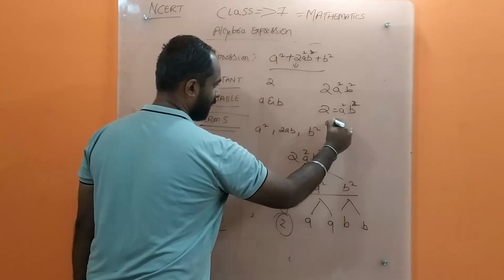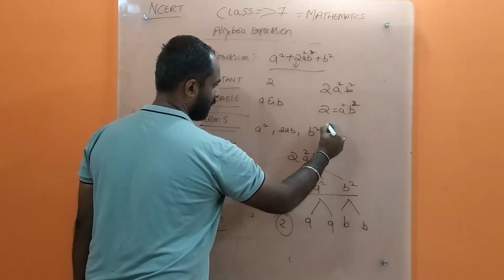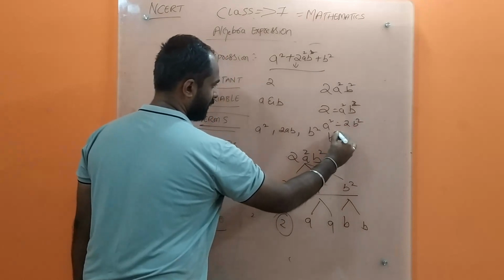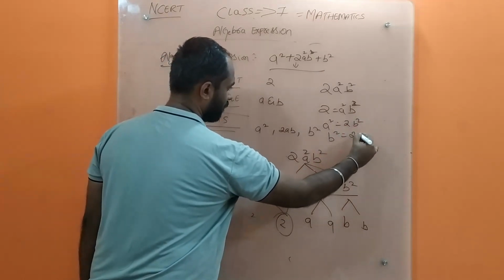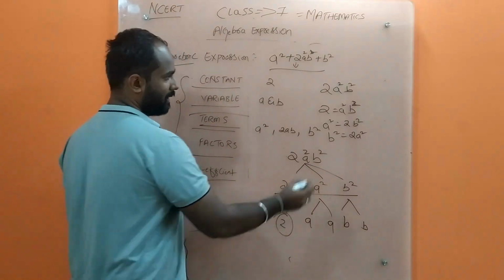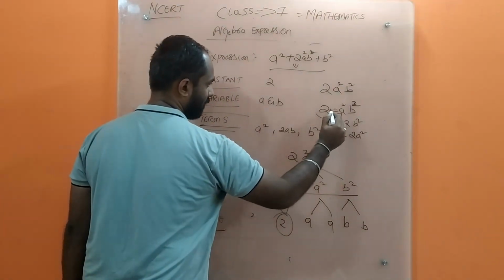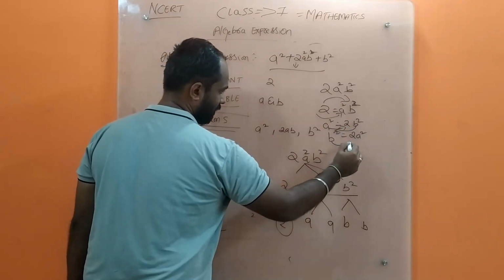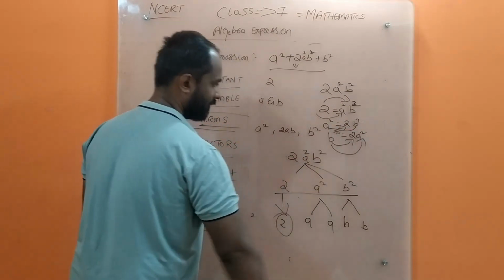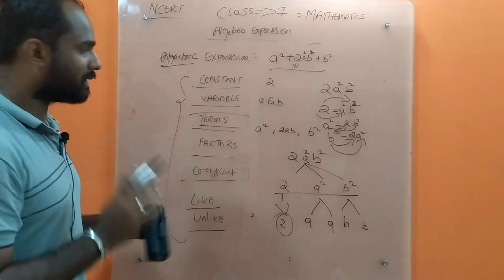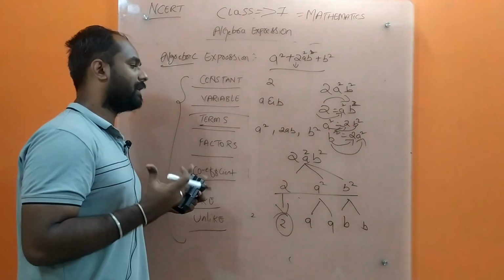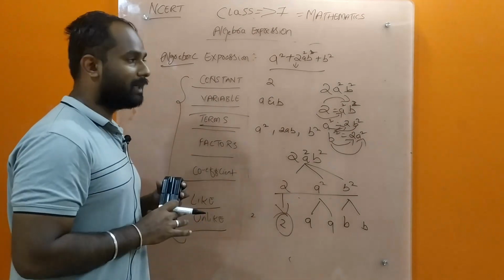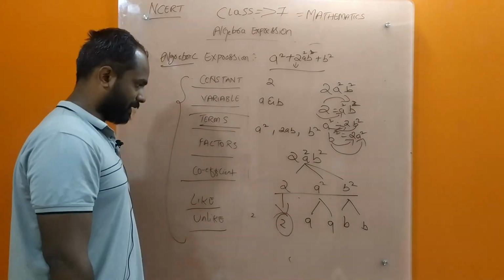Same way, a square is the coefficient of 2 and b square, and b square is the coefficient of 2 and a square. That is enough. The coefficient tells you how an item is a partner of the other items in the expression. That is called coefficient.